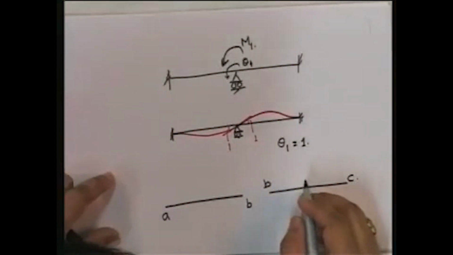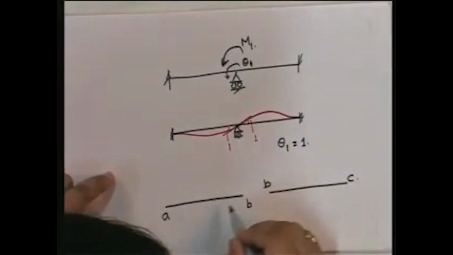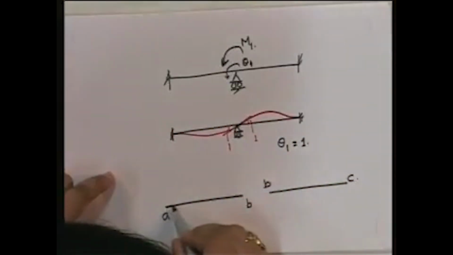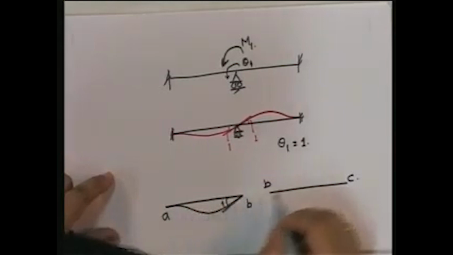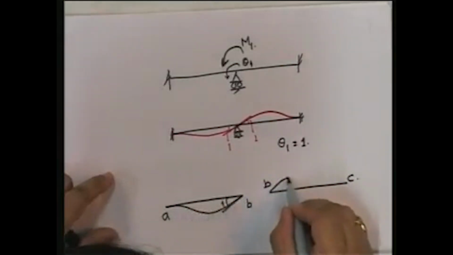Now, under this rotation, what does this thing look like? This thing looks like this. And BC looks like this.